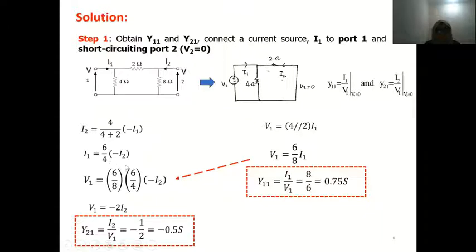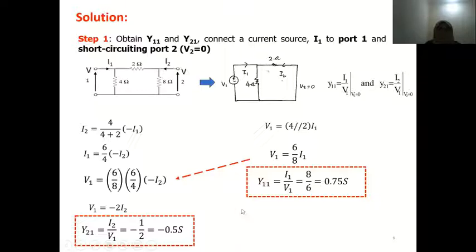Substitute I1 with this value, because we want the terms for V1 and I2. So 6 divided by 8, substituting I1 with 6 divided by 4 negative I2, finally V1 is equivalent to minus 2 I2. Then you can get Y21, which is I2 divided by V1, which gives you minus 1 over 2, equivalent to minus 0.5 Siemens.